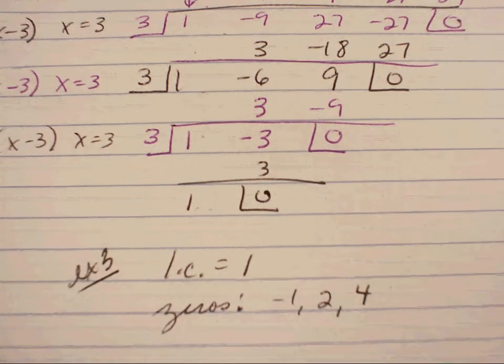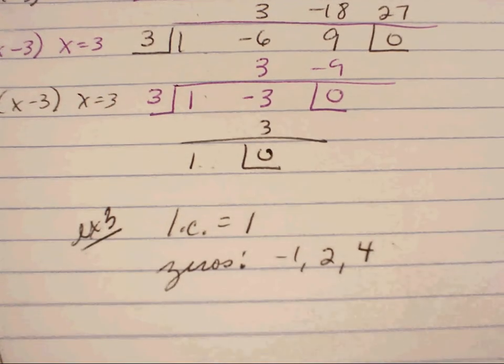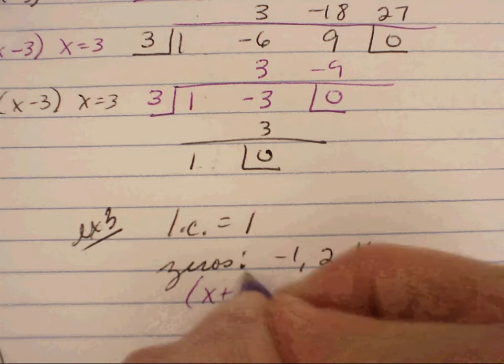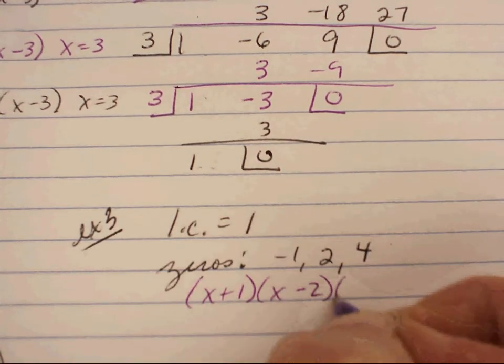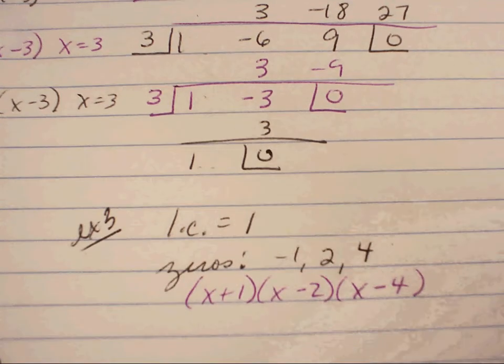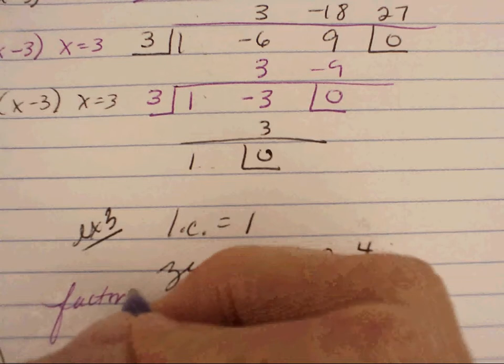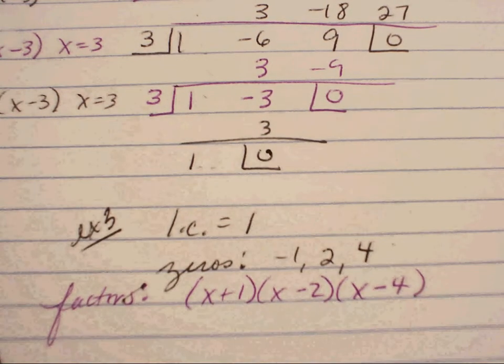A quick example 2, not very fancy. Example 3. You have the leading coefficient of 1. You have the zeros -1, 2, and 4. And I want you to create a polynomial knowing that the leading coefficient is 1 and those are the zeros. What is the first thing you do with the zeros?